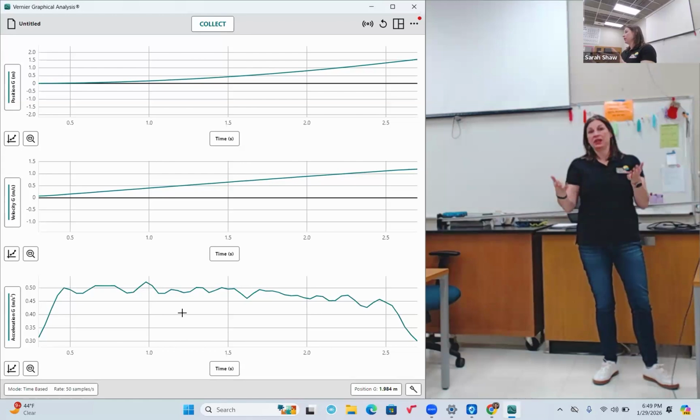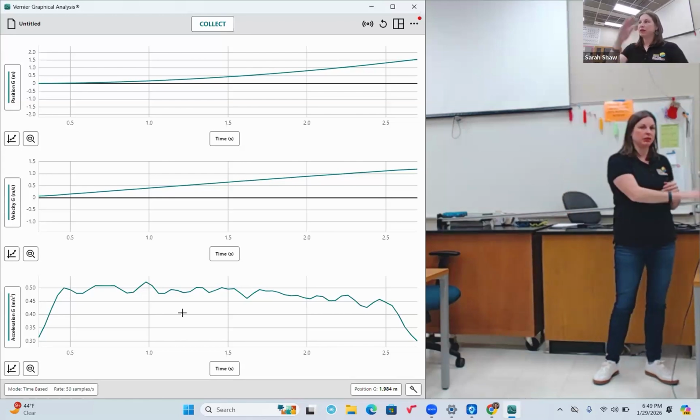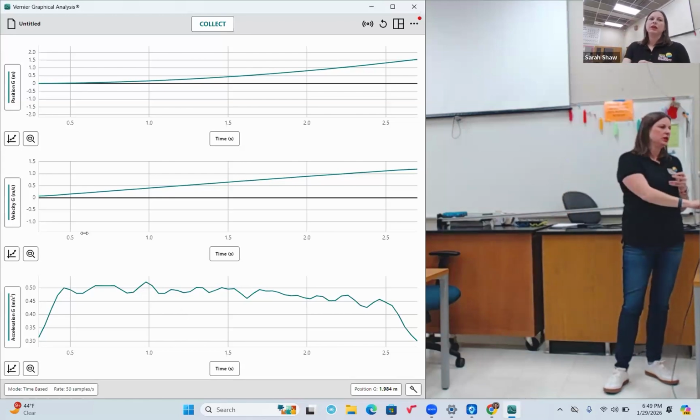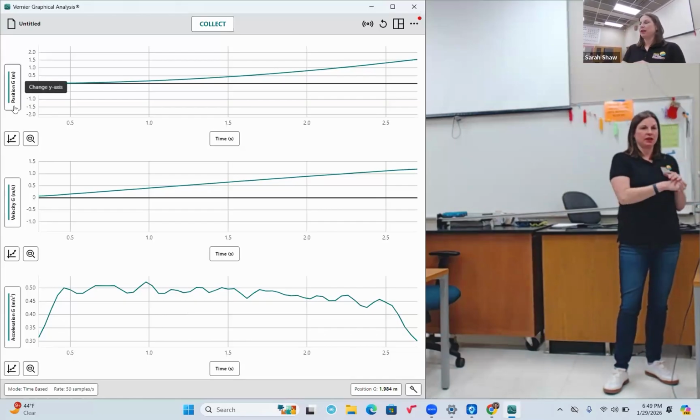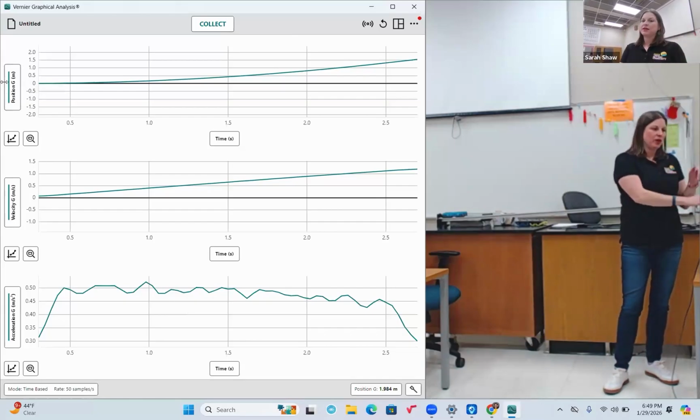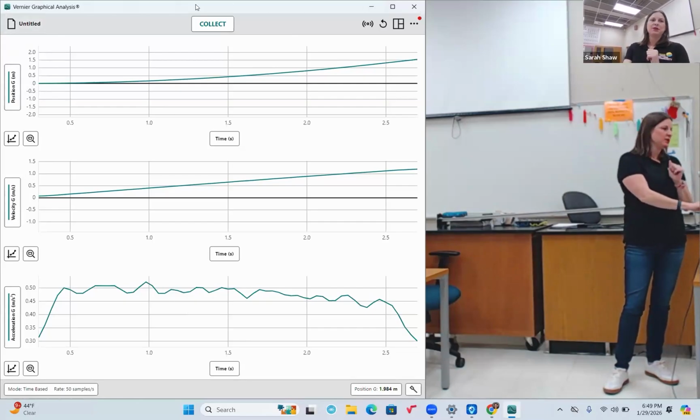That means you're speeding up, like that first graph that we just had where it was speeding up in the negative direction. And they have a lot of fun with them. They like to be in the back of the classroom with the carts. I just have to make sure that they continually reinforce the end stops and aren't too wild.